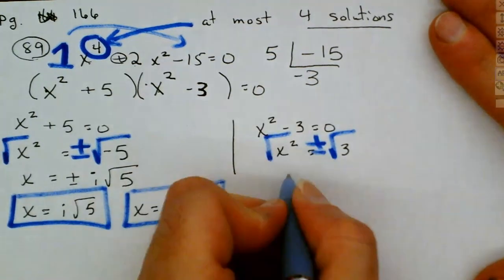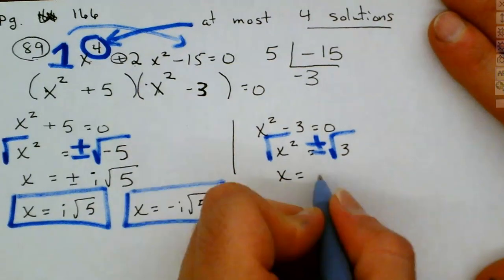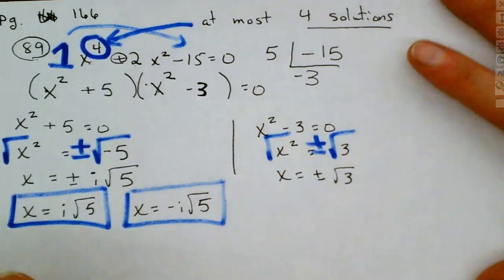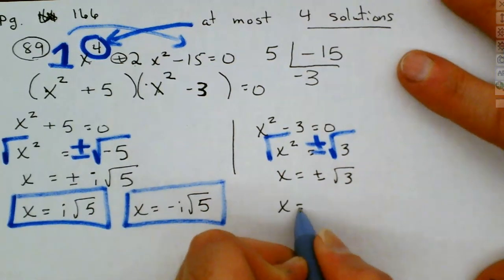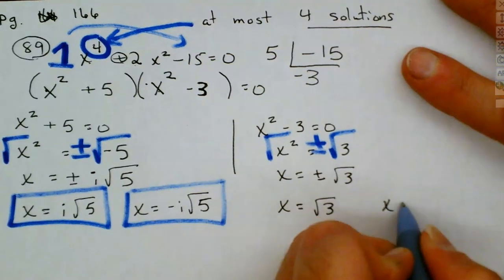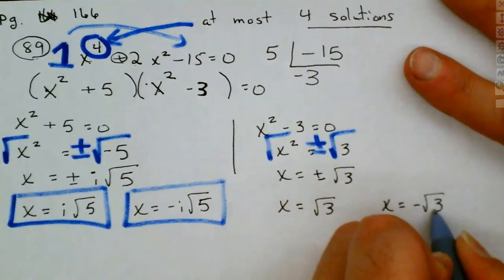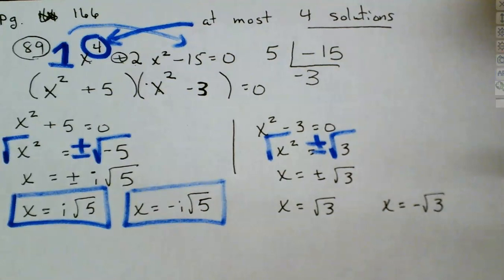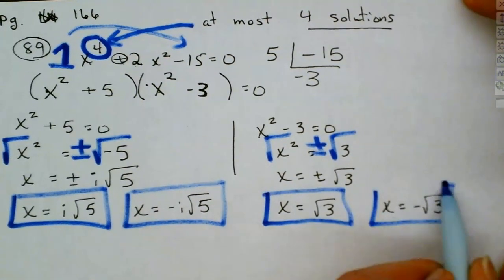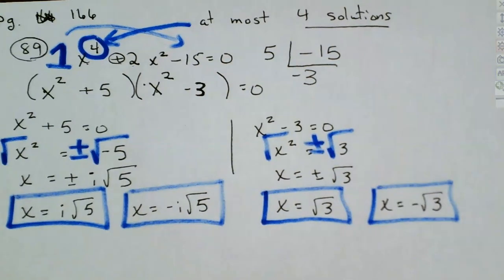And that leaves me now with x equaling plus or minus the square root of 3. And so what are my other 2 solutions? Yep, x equals square root of 3, and x equals a negative square root of 3. And that's how you get the 4 solutions total.